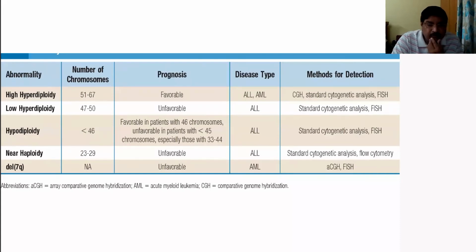Near haploid, where you have 23 to 29 chromosomes. Prognostically, high hyperdiploid is favorable, low hyperdiploid is not so favorable but still more favorable than hypodiploid, while near haploid is unfavorable. Deletion 7q is a bad prognostic cytogenetics. So this is how you will risk stratify acute myeloid leukemia and ALLs.